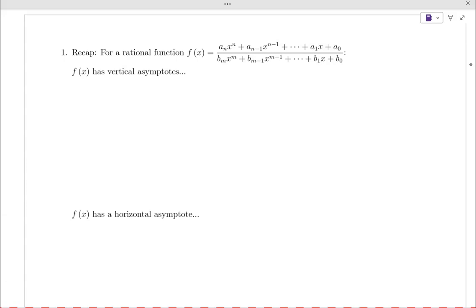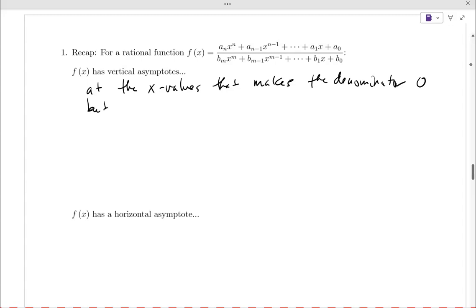So vertical asymptotes at the x values that make the denominator 0, but not the numerator.